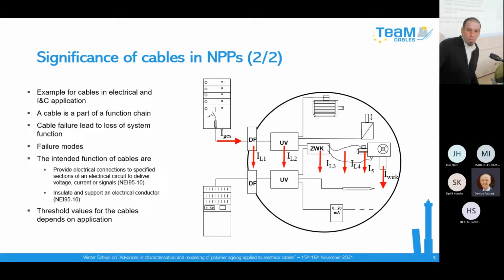So, here I'll give you the significance, or the meaning, of the cables in a containment application. I'm not sure if we use the term function chain. It's a special thing of German plants.